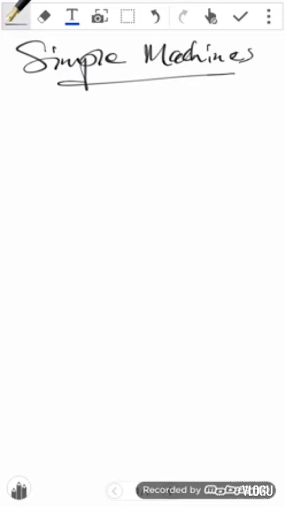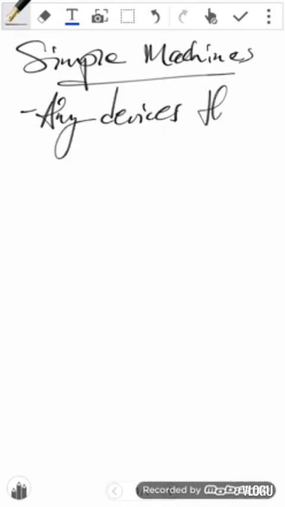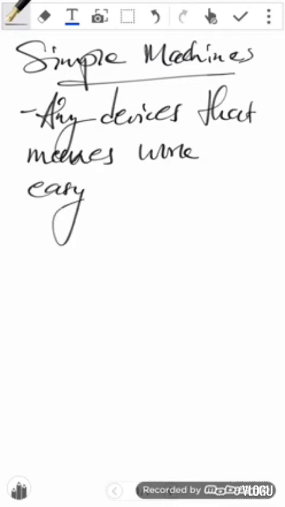Let's begin by defining what a simple machine is. A simple machine is simply any device that makes work easy. So any device that will make work easy is regarded to be a simple machine.